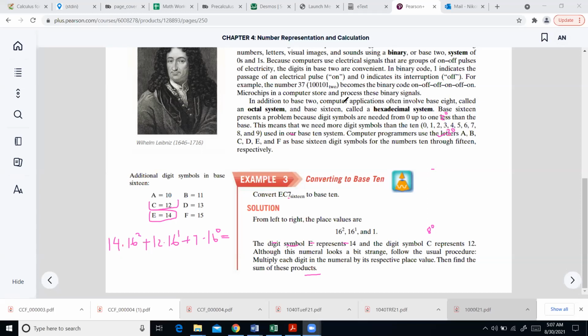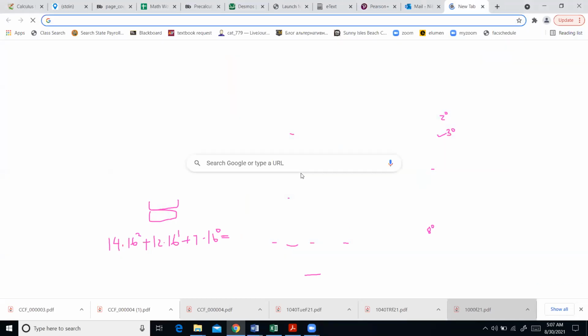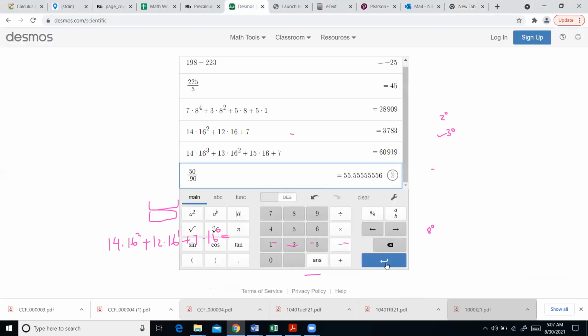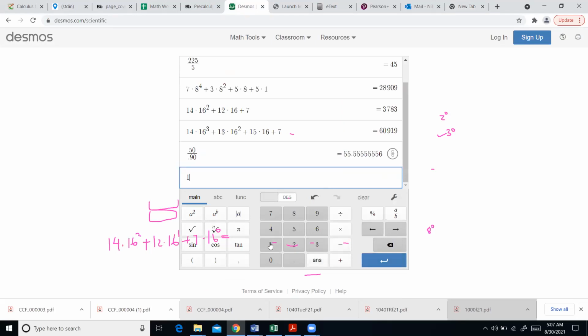In fact, it's always a good idea to be able to convert things to base 10. So let me, oh, there is a calculator. So good, it's 14 times 16 squared. You don't have to calculate what 16 squared is, just put it all here in this Desmos calculator, right? And it'll take care of it for you.